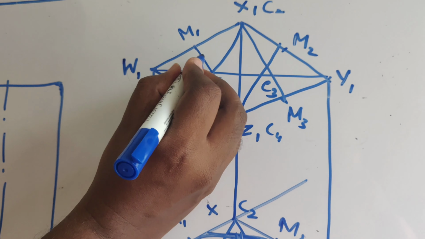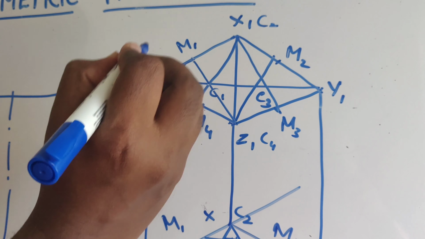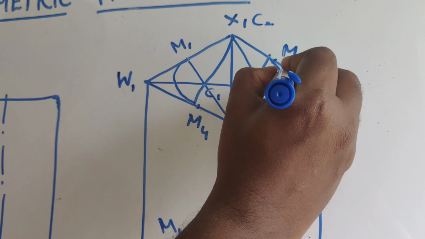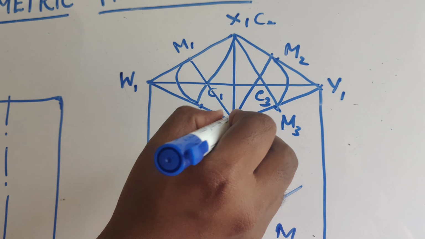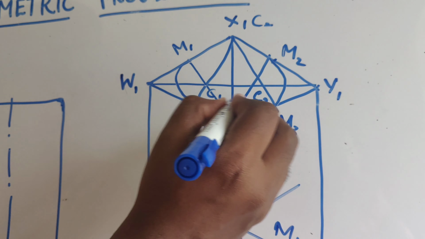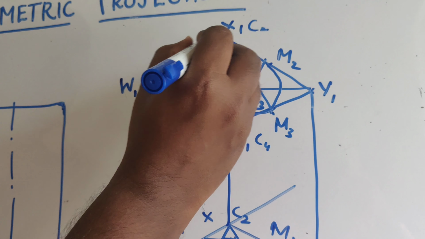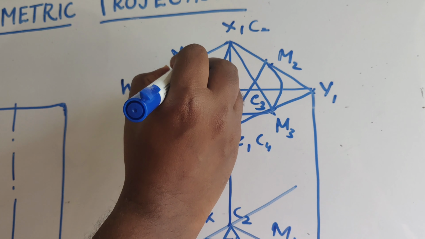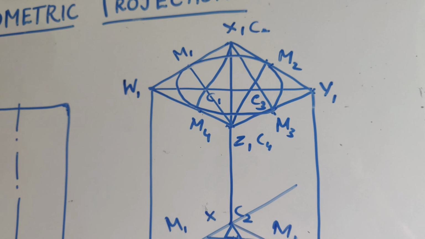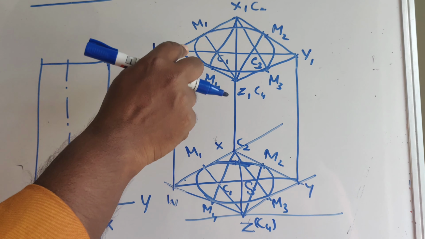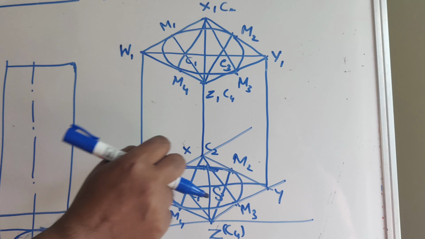Taking C1 as center, C1 M1 as radius, you are drawing the first arc. C3 as center, C3 M3 as radius, you are drawing the next one. Then C2 as center, C2 C1 as radius, you are drawing the next one. C4 as center and C4 M1 as radius, you are drawing the next arc. So you got two ellipses, one at top and one at bottom.